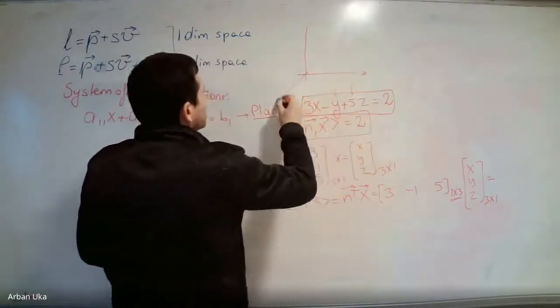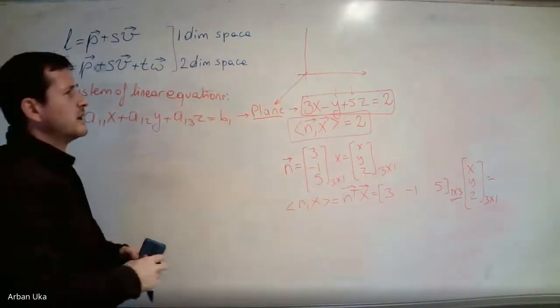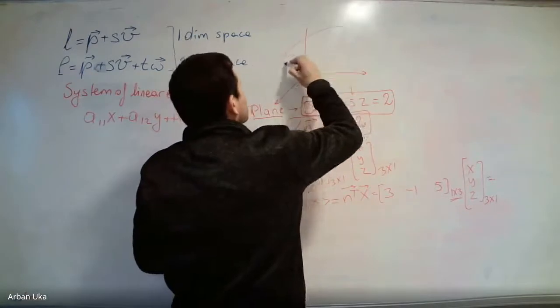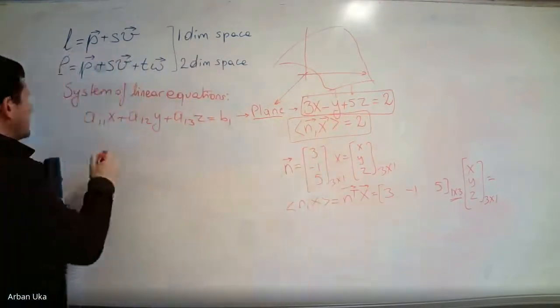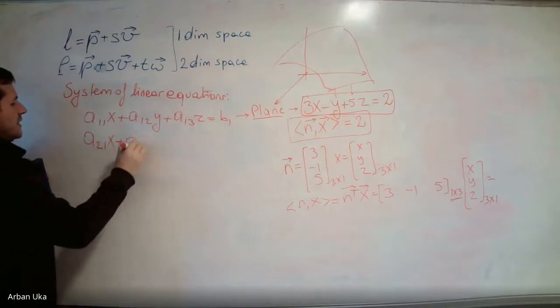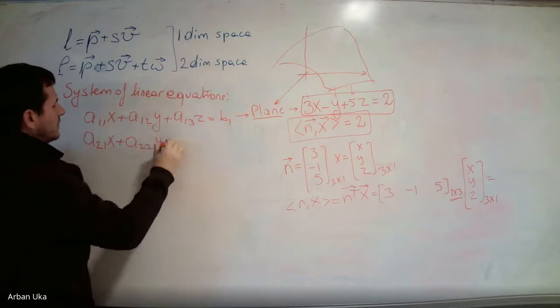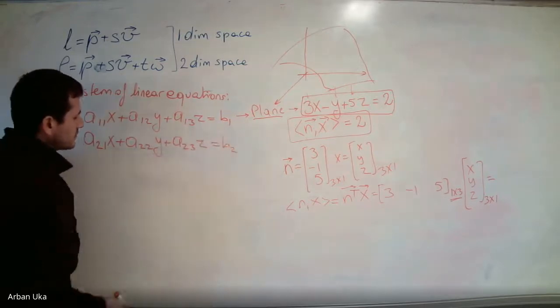Now, just for a moment, let's assume that the equation of this plane extends in space something like this. Okay, let's assume that this is the first plane. Let's give another equation which looks like this: a21x plus a22y plus a23z is equal to b2.